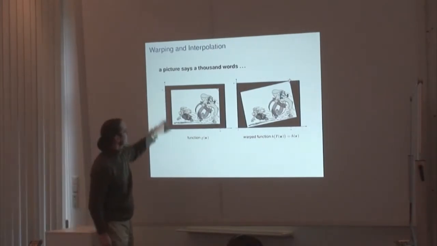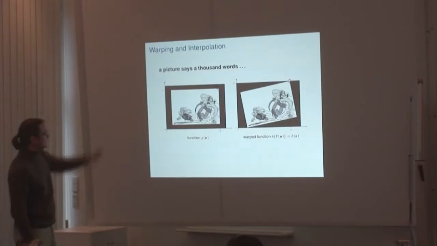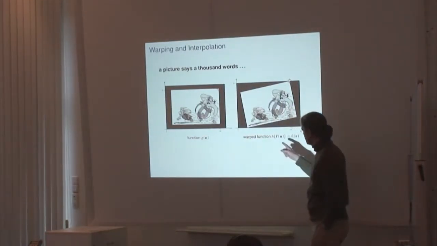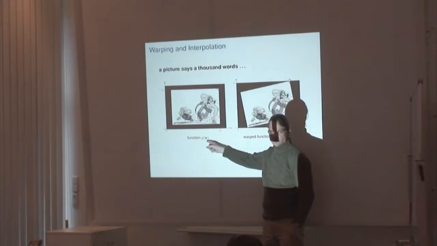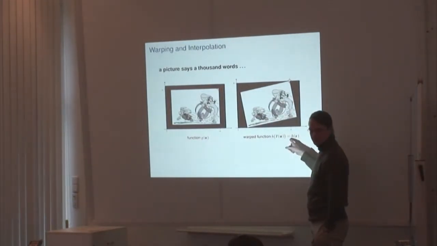There's lots of black around here. I did that for didactic purposes because in this image, what I have done to create this one here is I applied a transformation to the coordinates of the given image, and that produced a new image. This one here is called h of x.